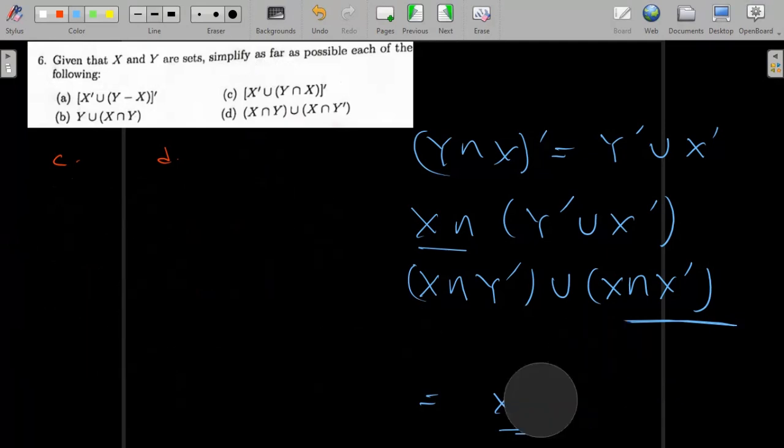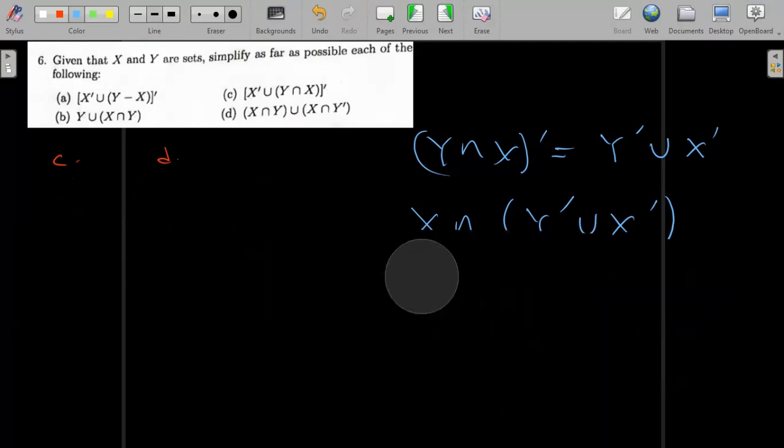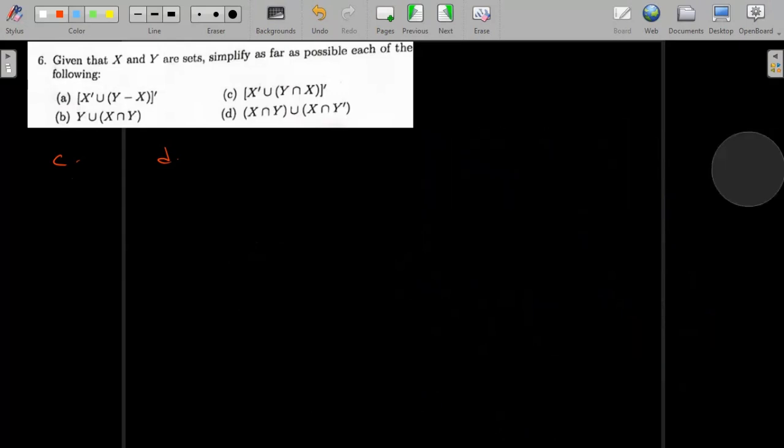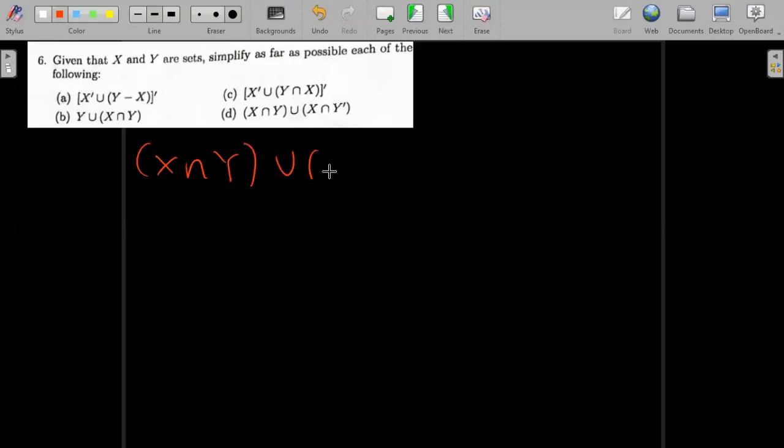All right, so let's do D now. I think I will make D the last question because I have another class after this one. So D, what is D? When we look at D, we have X intersect Y union X intersect Y complement.